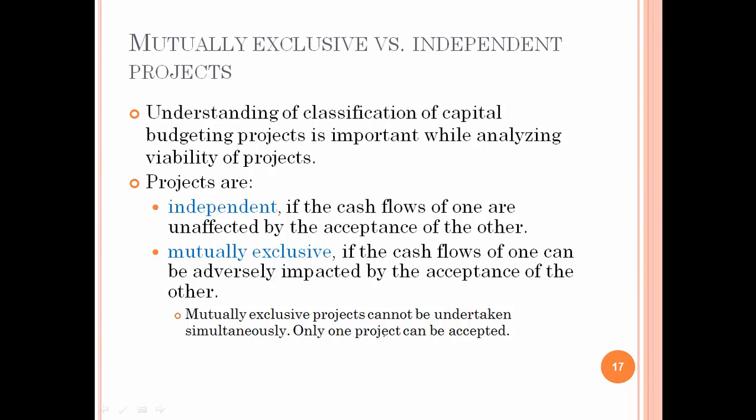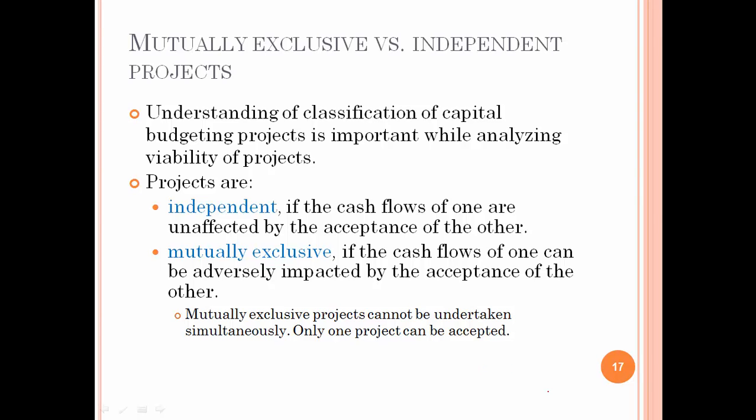The other kind is the independent projects. Projects are independent if the cash flows of one are unaffected by the acceptance of the other. So that means you can take one, and taking one does not mean you have to reject the other. This is the difference between independent projects and mutually exclusive projects.